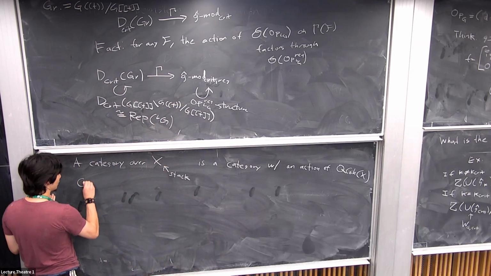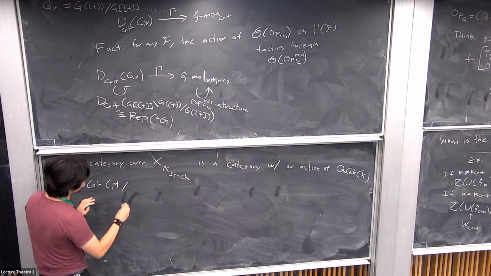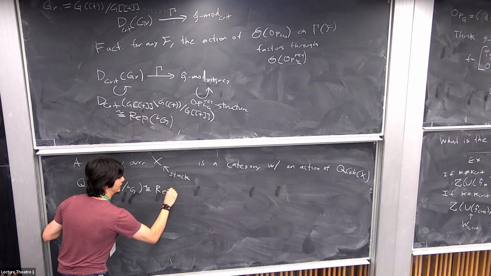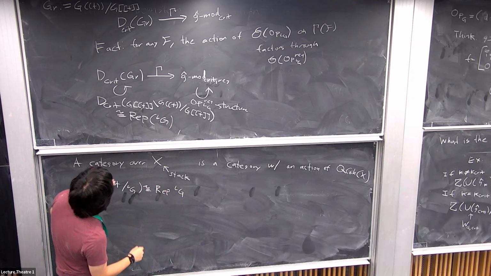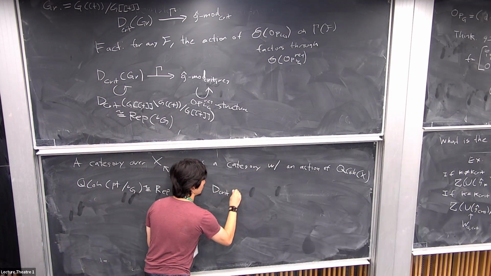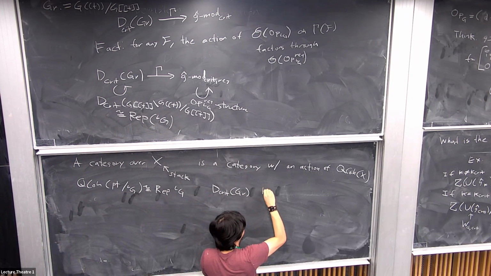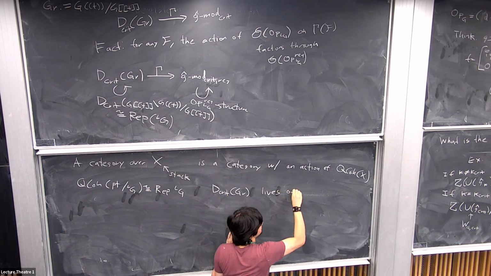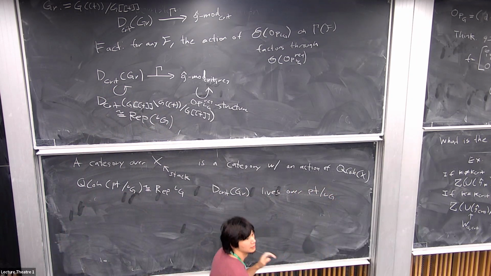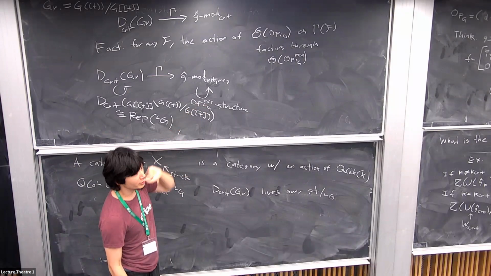Well, if I take QCoh on point mod G here, or point mod LG, this is Rep LG. And so D-crit over Ger is a category over, or for shorthand, lives over point mod LG. And on the right-hand side, what do I mean by op LG reg structure?